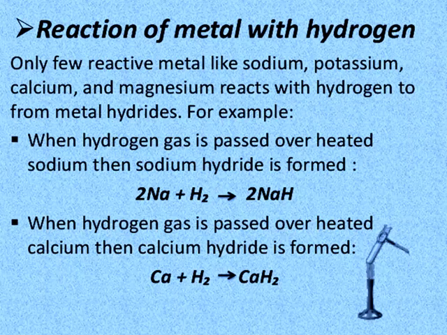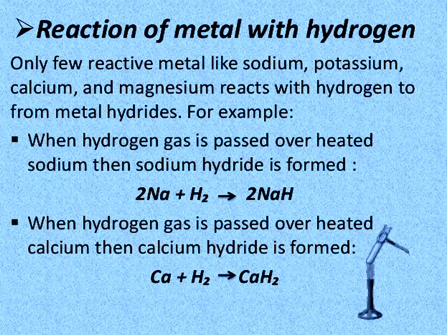But only a few reactive metals like sodium, potassium, calcium, and magnesium react with hydrogen to form metal hydride. Here, the reactive metals can force the hydrogen atoms to accept electrons given by them and form salt-like solid compounds called metal hydrides.